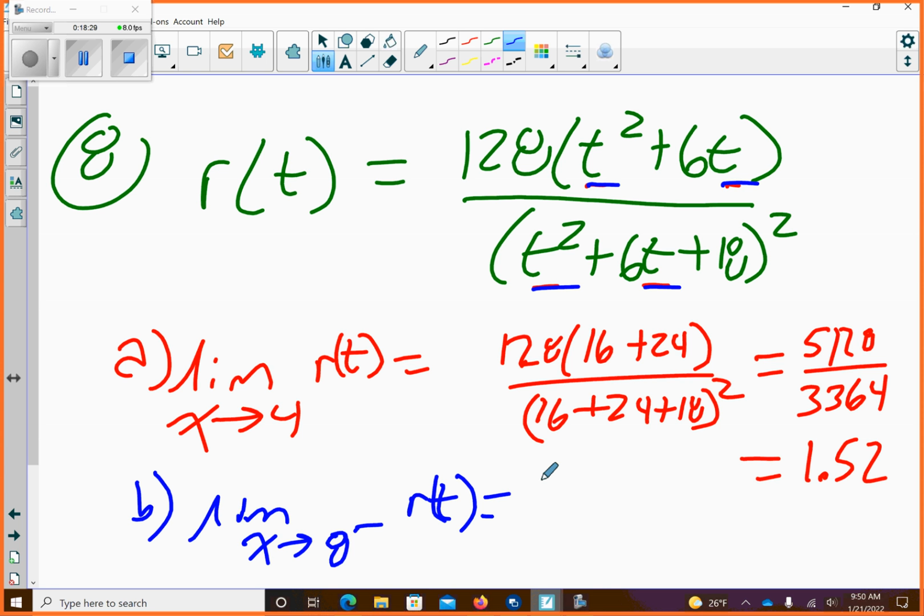If I do this one, it's coming out to 1.14 roughly. So both seem pretty legitimate.